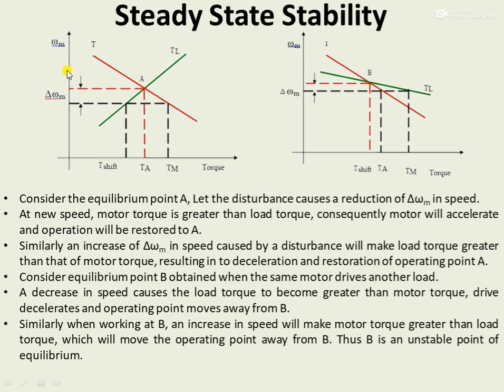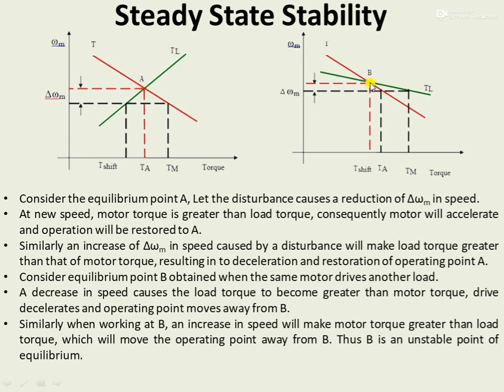If you assume an increased speed point here, it's very clear that the load torque will be greater than the motor torque. So this will bring about the retardation effect and will shift the operating point to the equilibrium point itself.